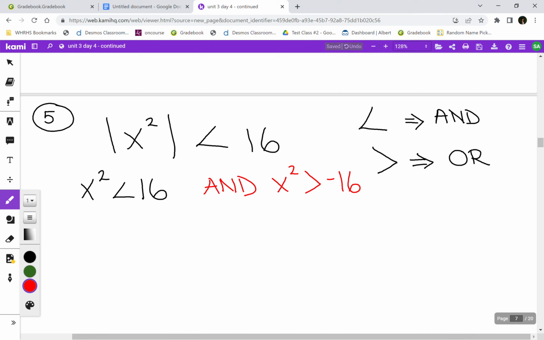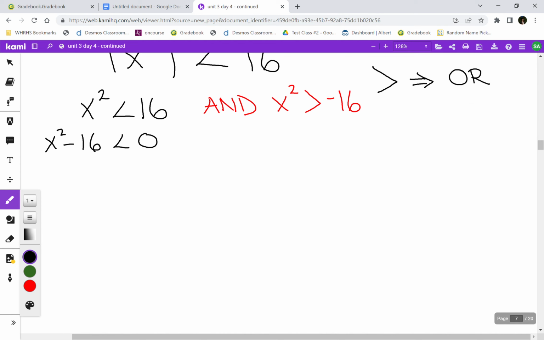We're going to move these over and then do what? Factor. So we have x squared minus 16 is less than 0. So we have (x plus 4)(x minus 4) is less than 0.